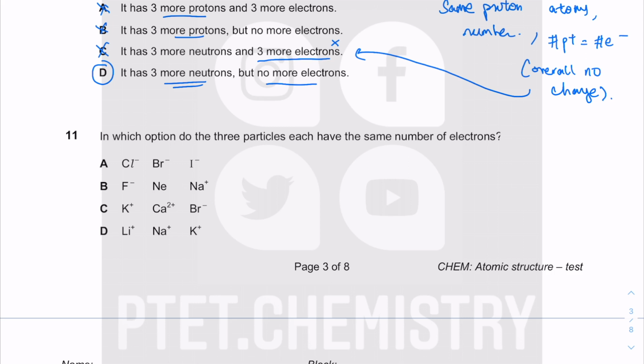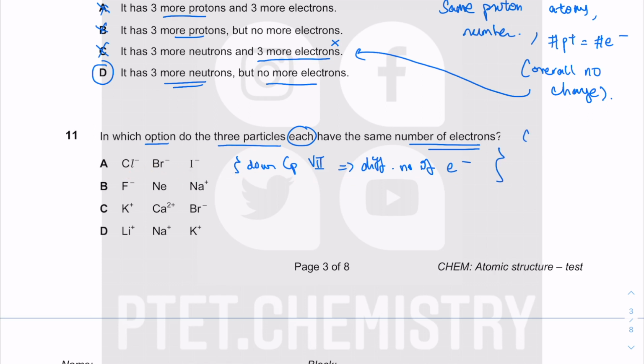Question 11. In which option do the 3 particles, each one, have the same number of electrons? Well, this is down group 7. When you think about down the group, they all have different number of electrons. Okay, you can count them, but it will just be a waste of time. It's just more about thinking through what is going on.